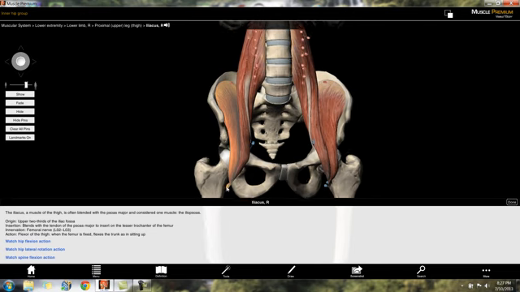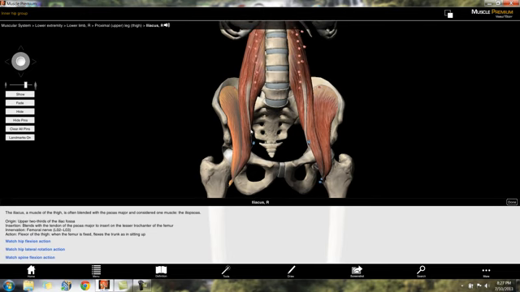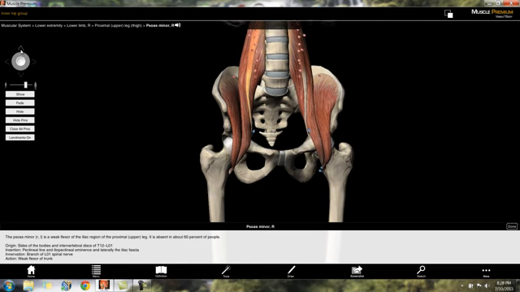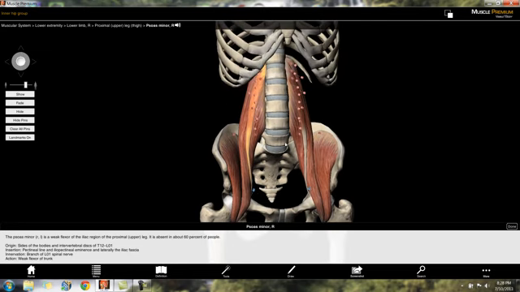Another small muscle that we don't really see much of clinically, in fact missing in about 60% of the people, is the psoas minor, and it attaches to the upper T12 and L1 spinous processes.